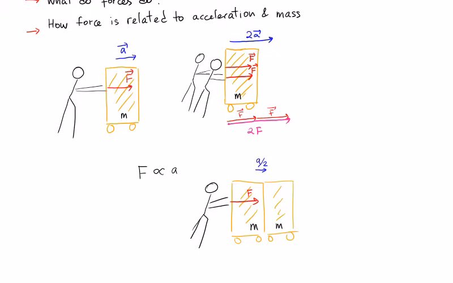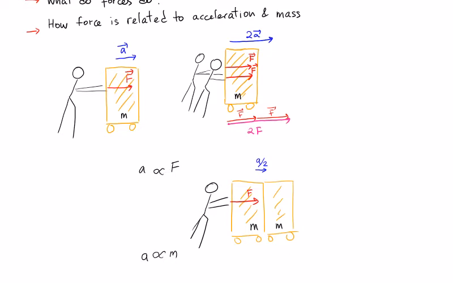In other words, we could say that acceleration is inversely proportional to the mass, meaning you double the mass, acceleration goes down by half. While in the earlier case, maybe it's easier to write it as: acceleration doubles when you double the force.